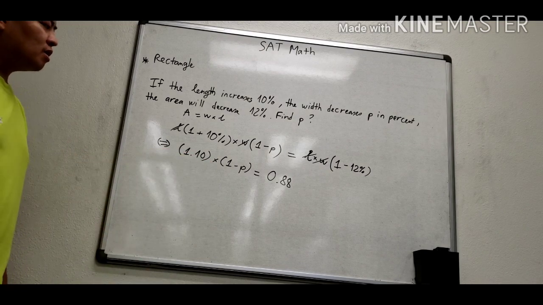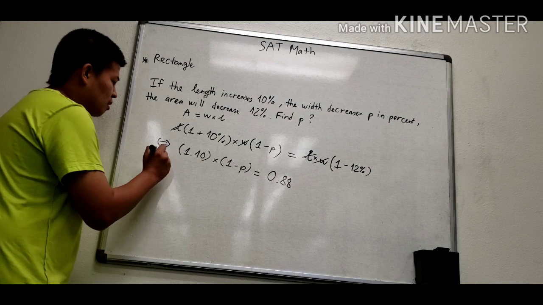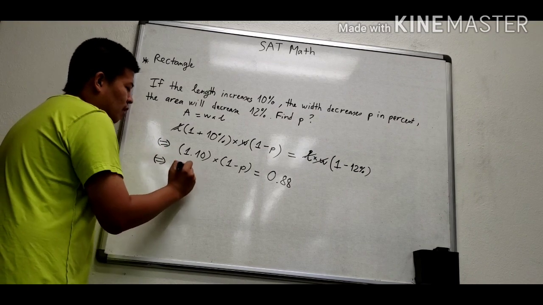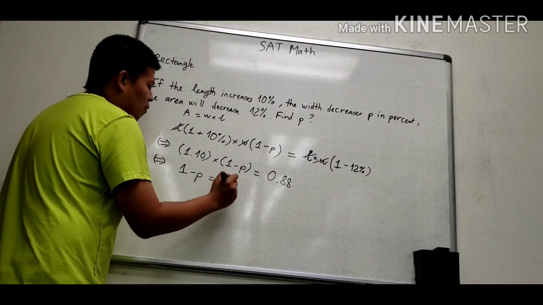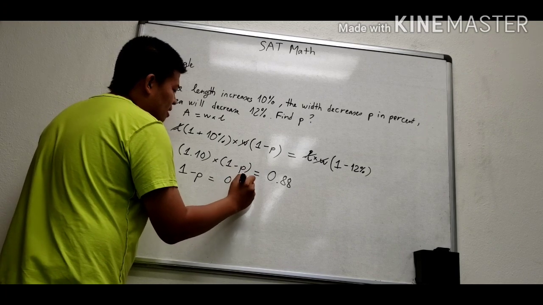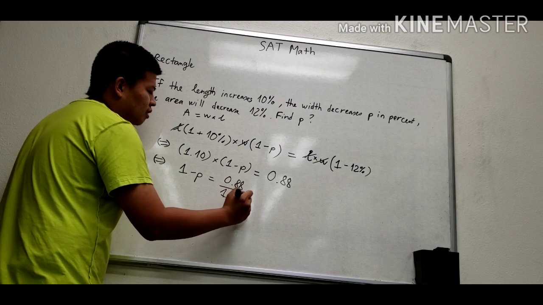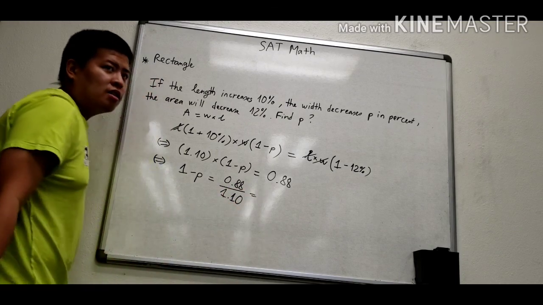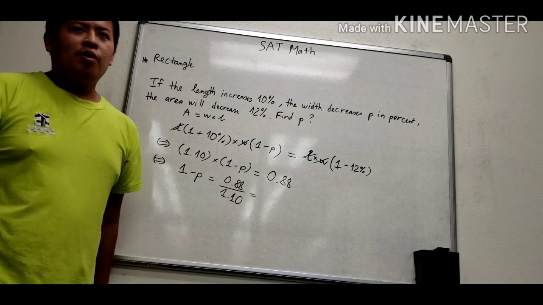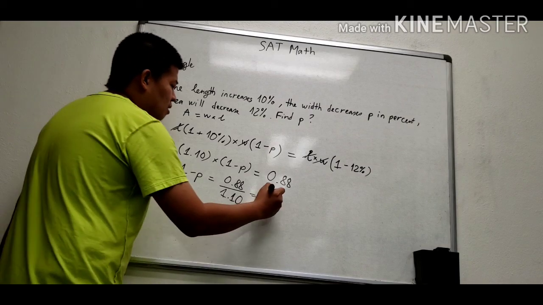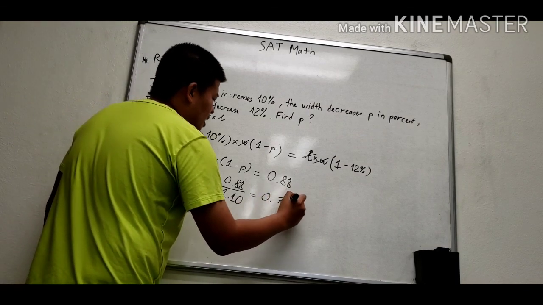That's why you get 0.88. And you get 1 minus p equal to 0.88. Divide by 1.1. 0.88 divided by 1.1 is about 0.78.